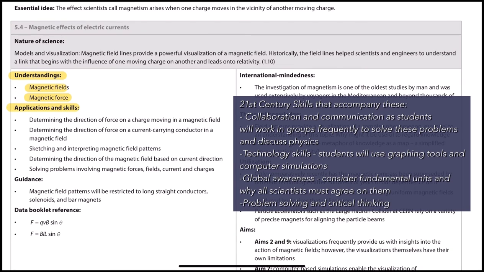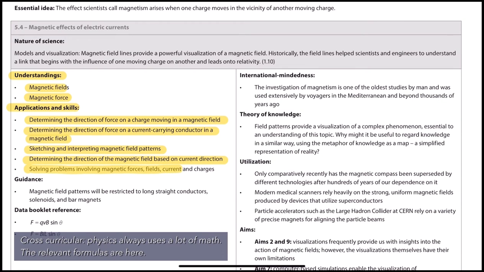For this subtopic, they will need to be determining the direction of force on a charge moving in a magnetic field, determining the direction of the force on a current-carrying conductor in a magnetic field, sketching and interpreting magnetic field patterns, determining the direction of the magnetic field based on current direction, and solving problems involving magnetic forces, fields, current, and charges.